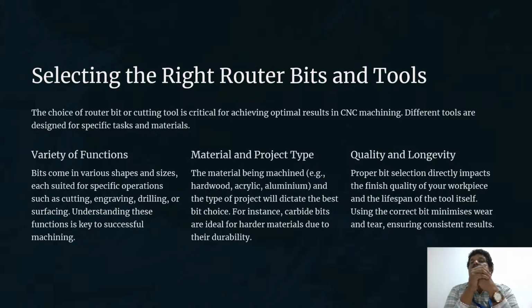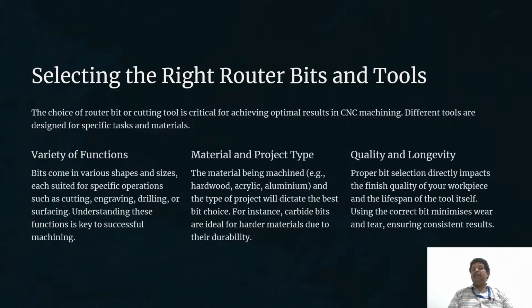There are also specialized end mills which have only 1 flute. So we will decide which tool has to be used there. Then again, as I told, carbide is the best for harder materials due to its durability. And in carbide we also get coated carbide tools, which help in more longevity of the tool. Proper bit selection directly impacts the finish quality of your workpiece and the lifespan of the tool itself.